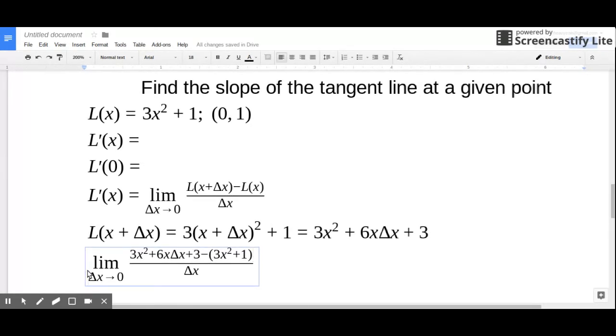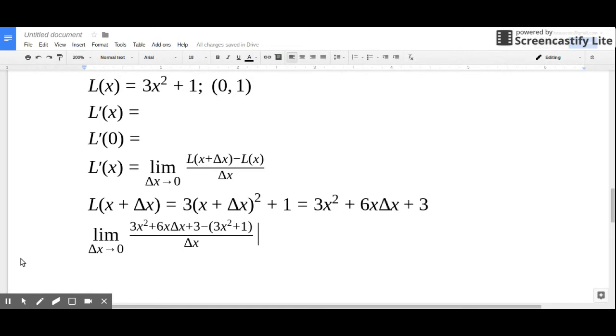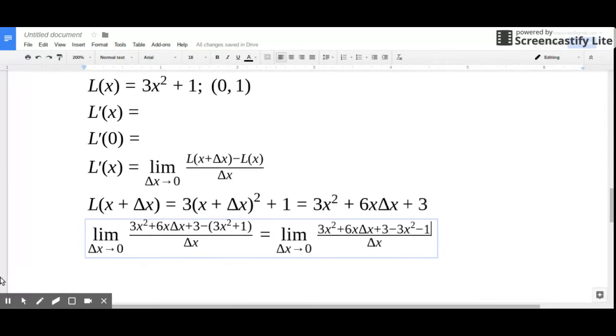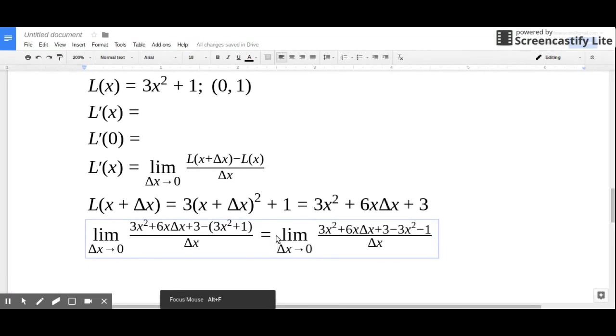I think I'll just copy all that and then write it in. So as you can see here, we're going to distribute this negative across. That's going to make that a negative. And now we need to simplify this down.